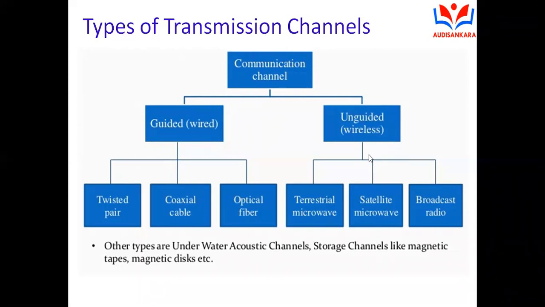Similarly, in unguided transmission media, terrestrial microwave, satellite microwave, and broadcast radio systems are used. Sometimes, under water, acoustic channels and storage channels like magnetic tapes and magnetic discs are preferred for communicating the information.